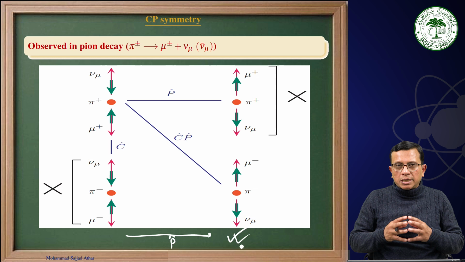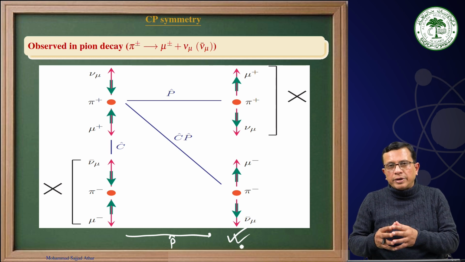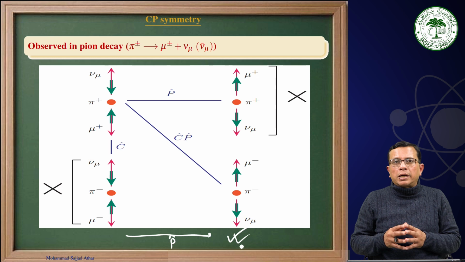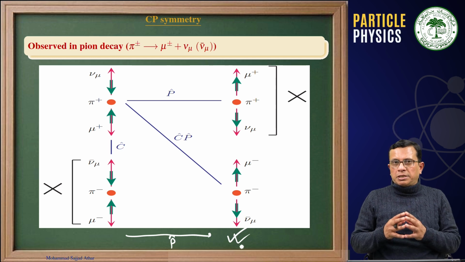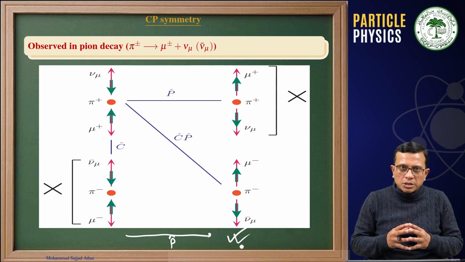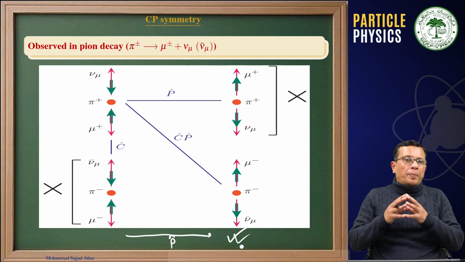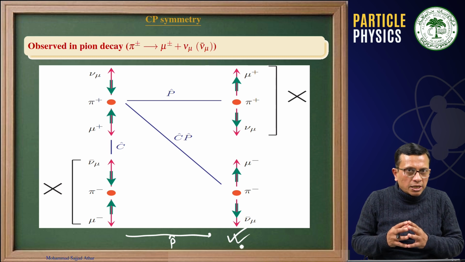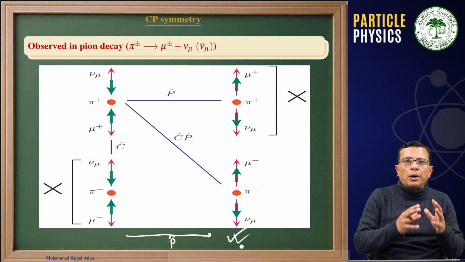And that is known by the name kaon regeneration. That means K0 and K0 bar are the production states. They are produced with a definite mass. But when they propagate in space, they propagate as an admixture of K10 and K20.